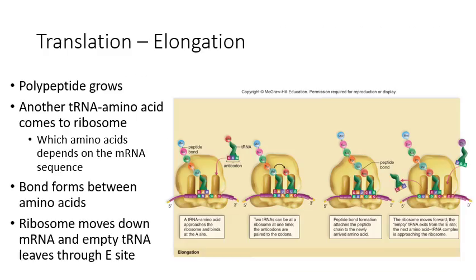So after initiation, we have elongation. It's just going to keep going about its job, bringing over the appropriate tRNA that's going to bind, and we're going to get this growing peptide chain coming out from the P site. Our amino acid comes into the A site, we make a bond, and it all shifts over by one reading frame, which is 3 bases. So it goes from these 3 bases to those 3 bases.